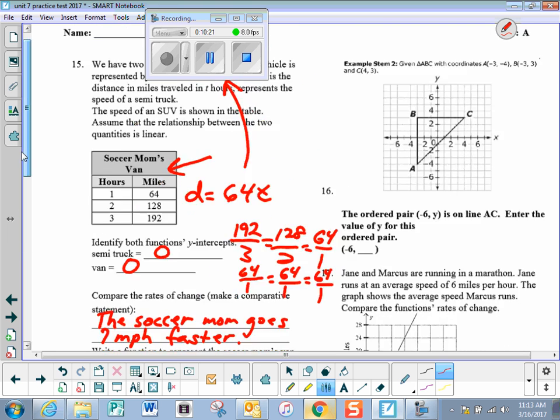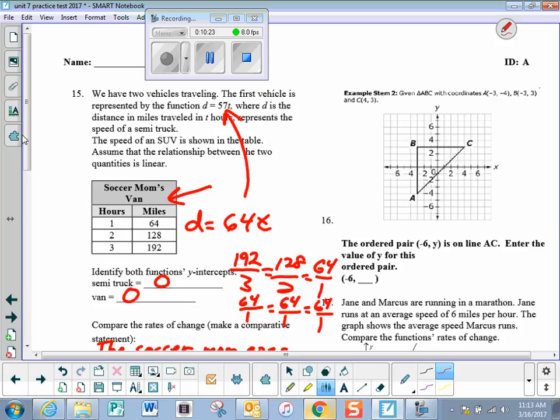Okay, and then this one, the ordered pair of negative 6, y is on line AC. Enter the value of y for this. So let's extend it. Okay, so negative 6, negative 7.